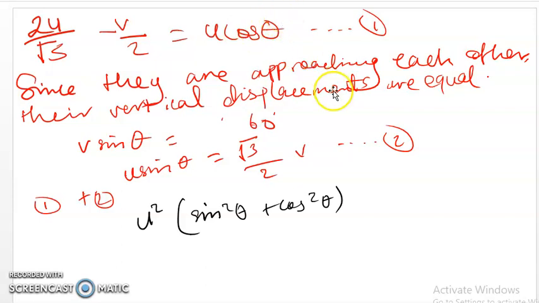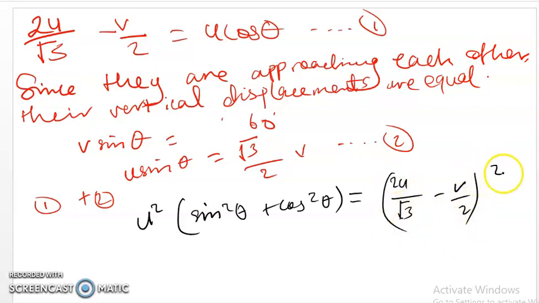So this will be equal to 2u by root 3 minus v divided by 2, squared, then plus 3v squared into u. This is just a little algebra when we add this together, equation 1 and 2.